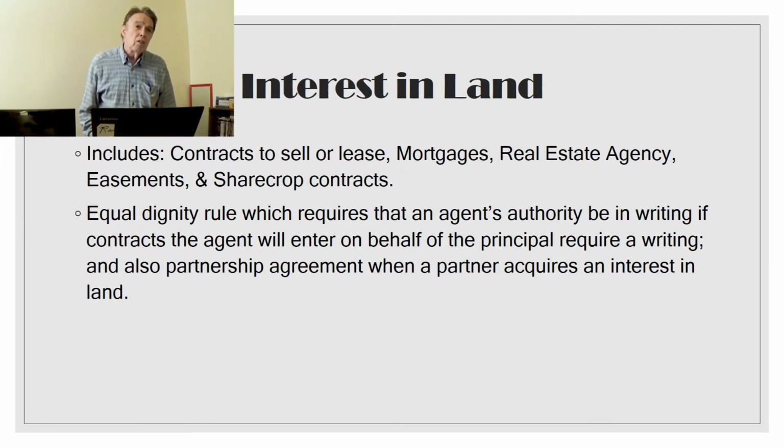In some cases, the partnership that he enters into already owns a building that they operate out of. And in that case, by becoming a partner, he acquires an interest in land. Therefore, that has to be in writing too. That's called the equal dignity rule in many states.